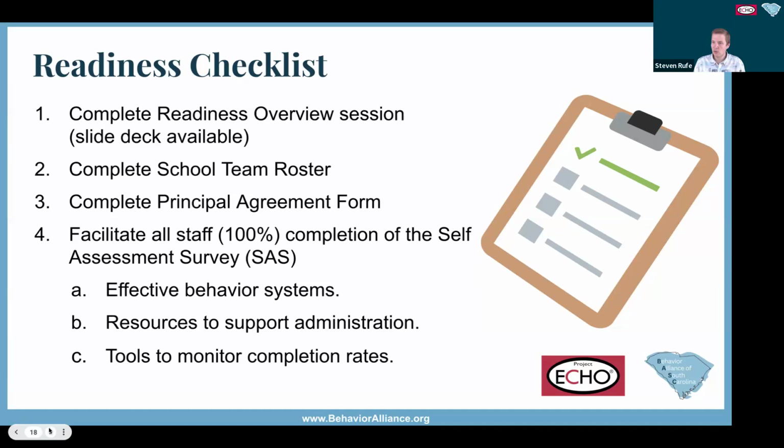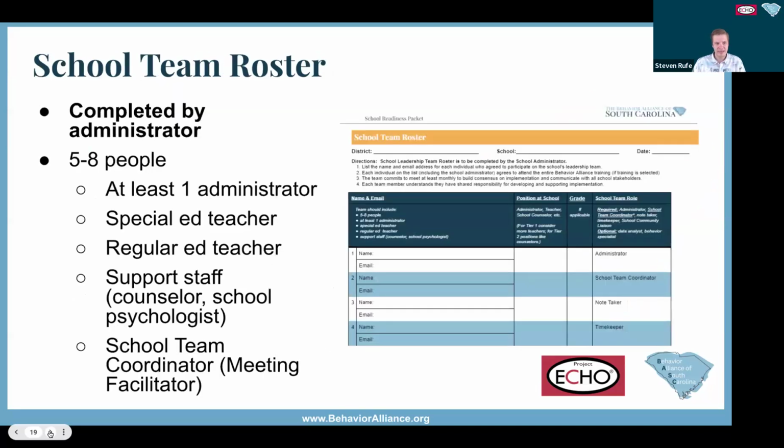And then also at the start of next school year, the school will administer the self-assessment survey that gives us some feedback on behavior systems, resources, and tools that help people learn and associate with effective tier 1 practices. And I'll talk a little bit about some tools to monitor completion on that later in the presentation. On the next slide, I'll overview a little bit more about that readiness information.